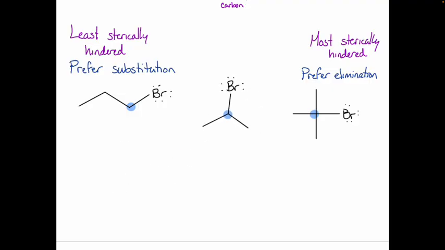Because of that accessibility of that carbon, our primary alkyl halides are going to prefer substitution reactions, whereas our most sterically hindered tertiary alkyl halides are going to prefer elimination reactions.